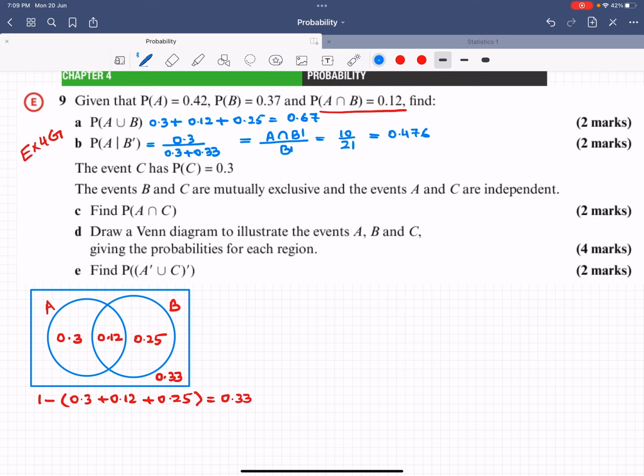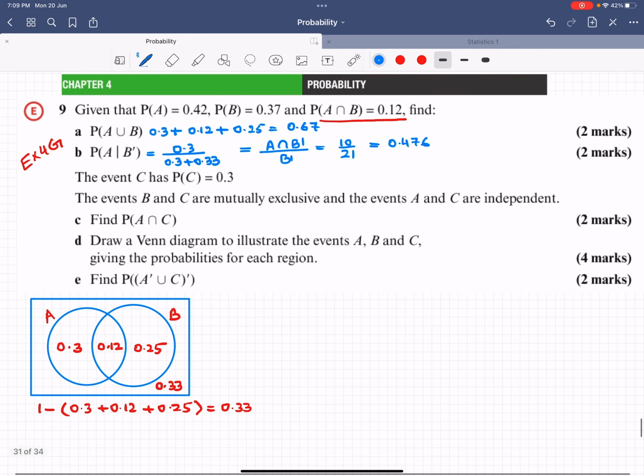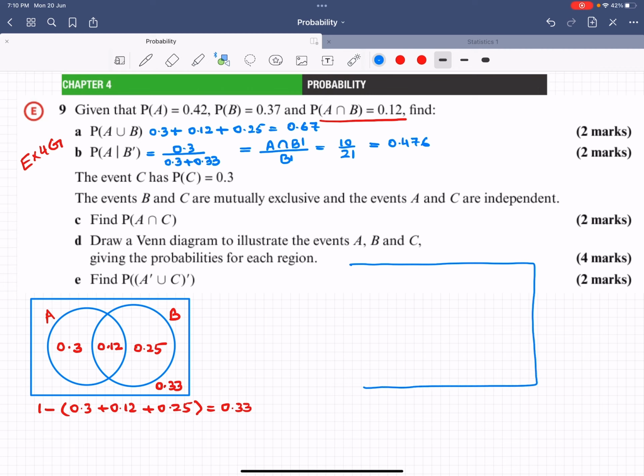Now in part C, we have the event C adding up. Since we have another event adding up, we have to draw another diagram as our probabilities will change here. So we'll draw another Venn diagram with 3 circles as we have A, B and C. But before we draw, the question says events B and C are mutually exclusive.